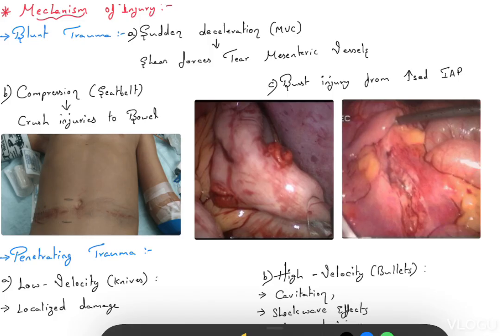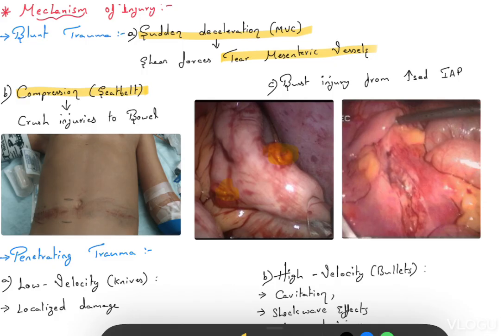For example, you get some external force; because of that force you get compression, then the organs get crushed and lacerated, then the patient gets bleeding and then shock. So the mesenteric vessels can get injured.